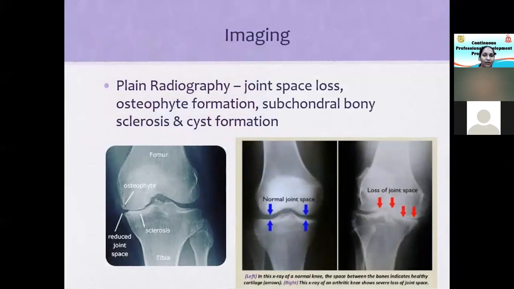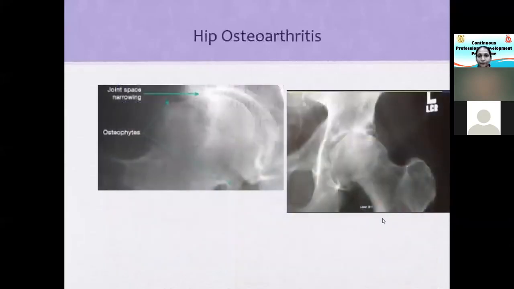Now, imaging can be used to help in diagnosis, plain radiographs. But remember, when you ask for knee x-rays, it's better if you can get a weight-bearing x-ray because with the weight, you get the maximum changes shown on the x-rays. So we see reduced joint space, osteophytes, subchondral sclerosis, and the same is seen on this picture as well.